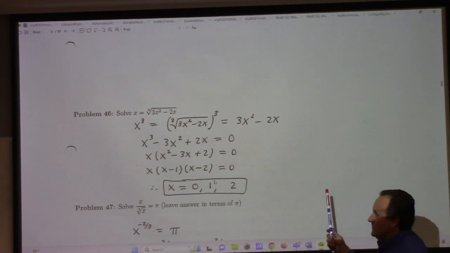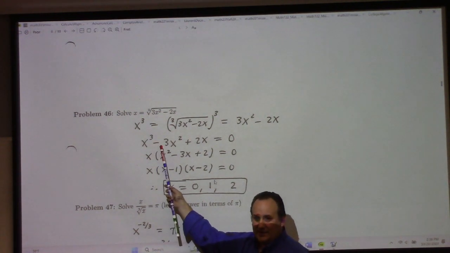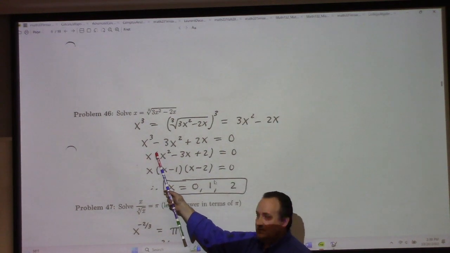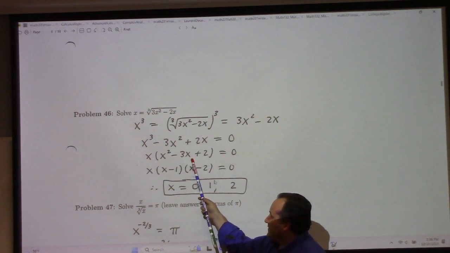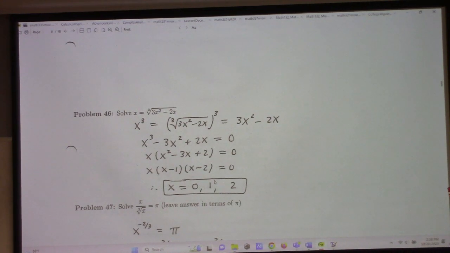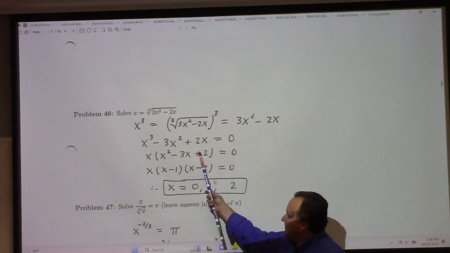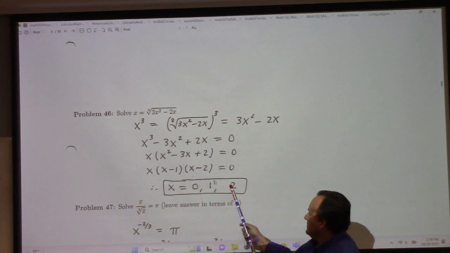Notice this one's kind of nice because while it is technically cubic, not really, because you can factor the x out, right? And then you're back to a quadratic, and we can solve any quadratic because we know completing the square, or in this case, factoring. So I factor and I get these three solutions.